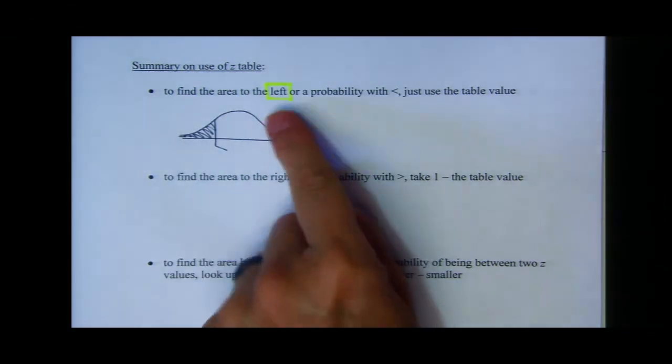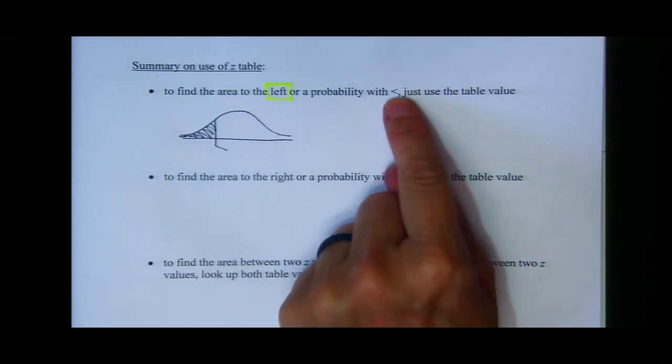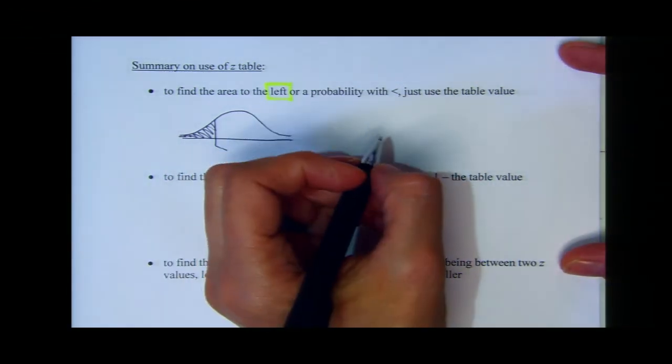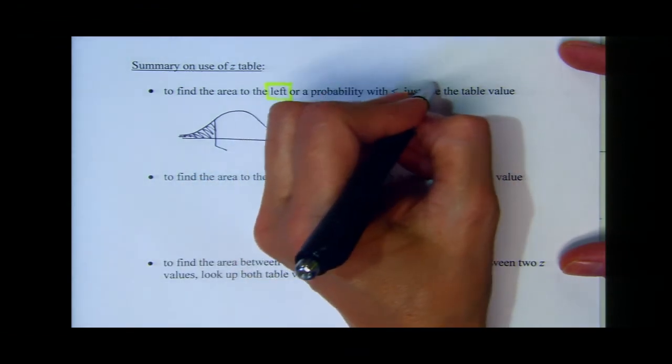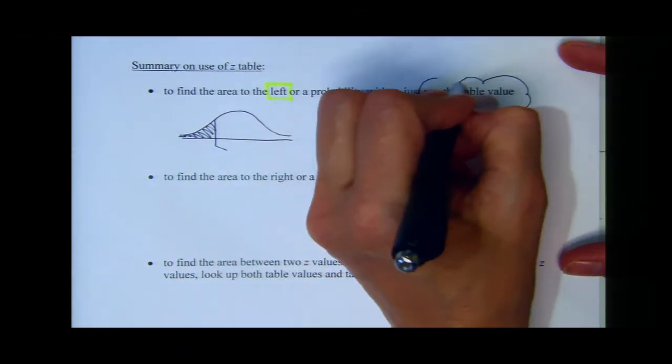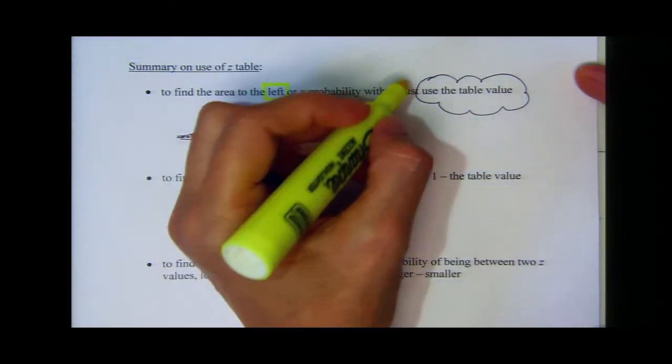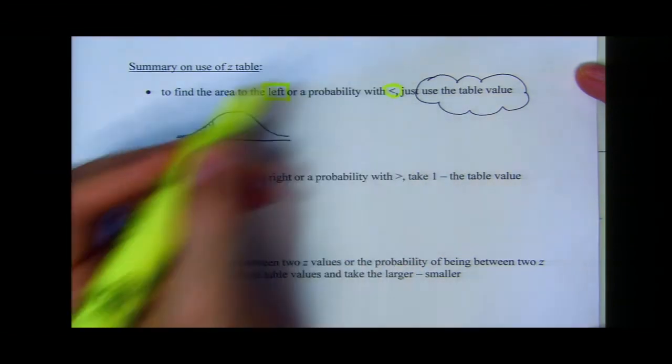So the inequality would be less than. Then to find the area or probability, you just use the number from the table. Use the table value.